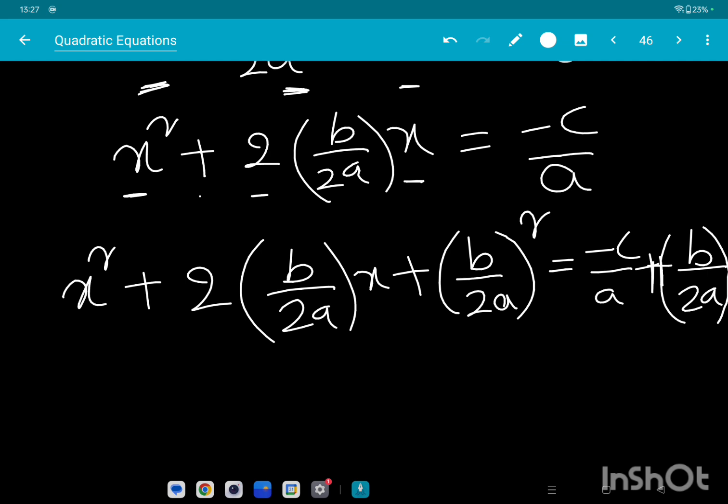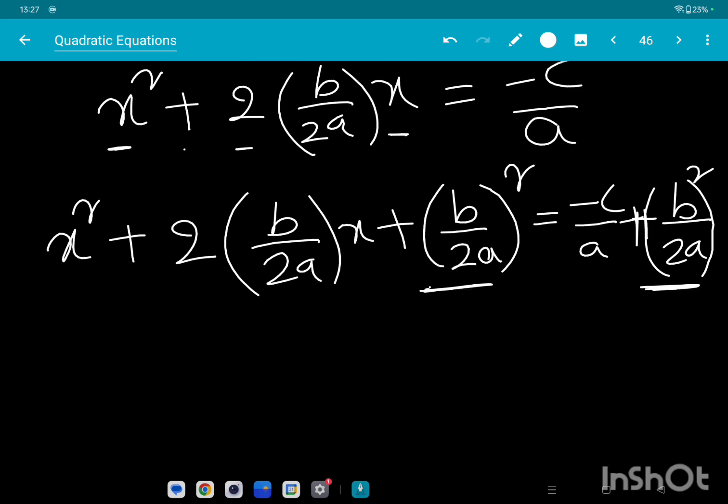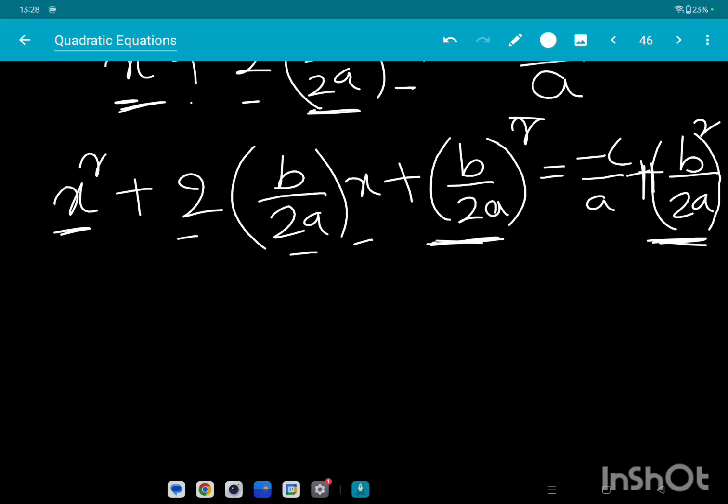So I add b by 2a whole square on the left side, and also add b by 2a whole square on the right side, because then the terms balance and the remaining terms will be the same. Just try to understand it. Here it is a square plus 2ab plus b square, is equal to the remaining terms, which are normal. Now I am going to solve this.